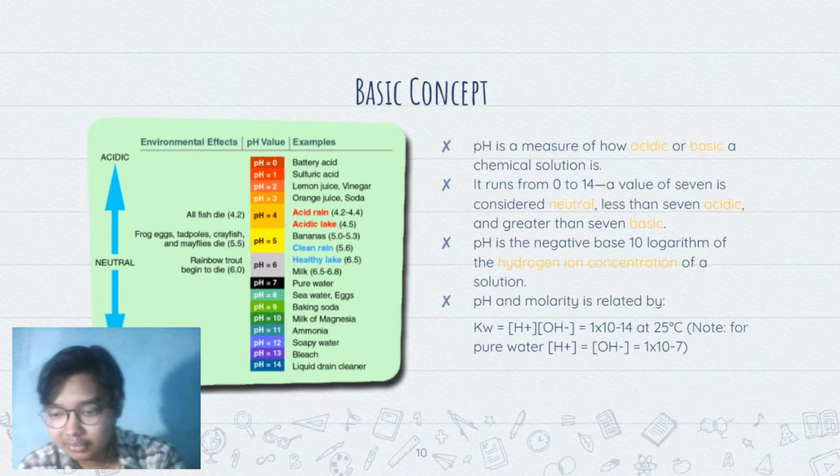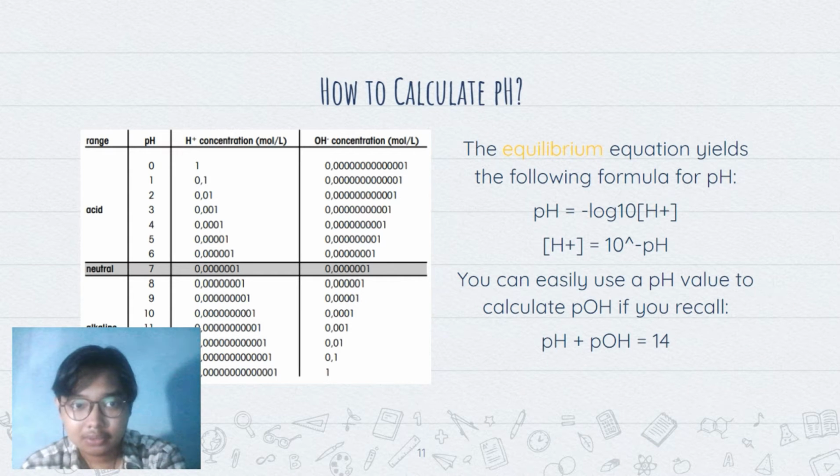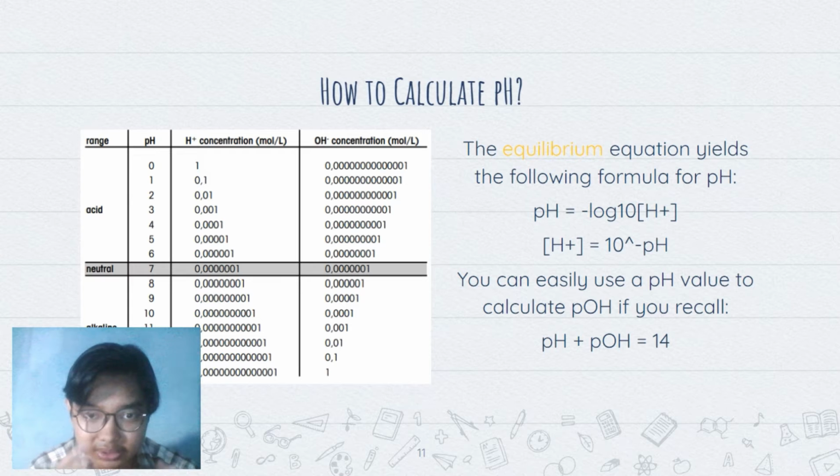Now we go to the next slide. How to calculate the pH. The equilibrium equation of the pH formula is described in this slide. pH equals minus log base 10 of the molarity of the hydrogen ion.